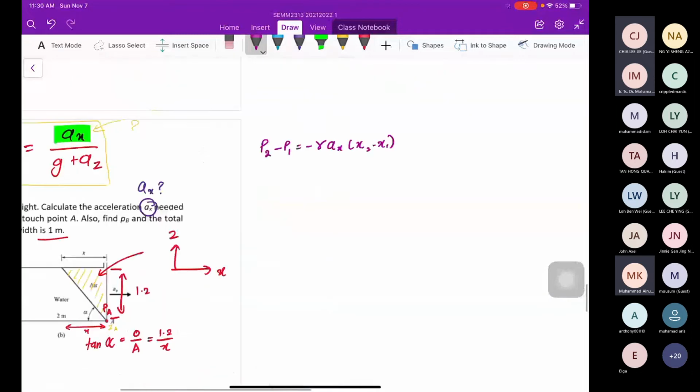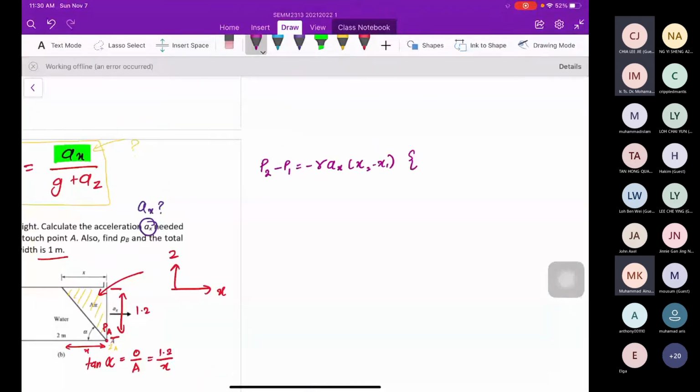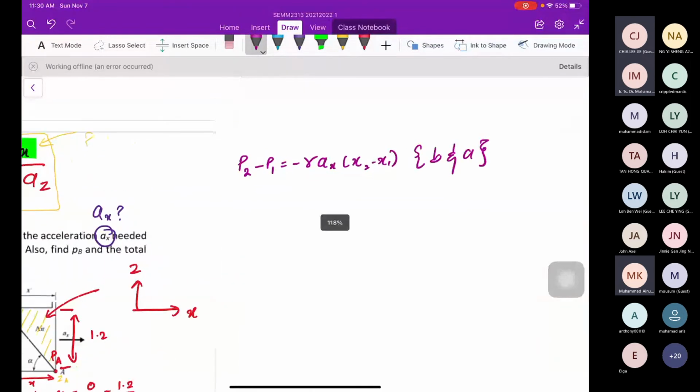So now it is at the points B and A, so we can replace with PB minus PA. You must know this is the difference in pressure.